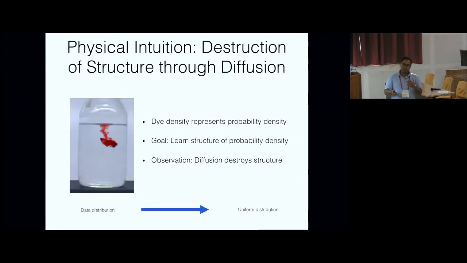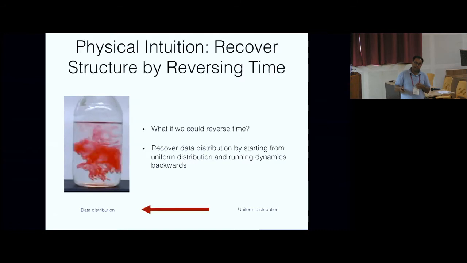Okay. So again, just to drive home the point, imagine this density. Think of it as a complicated probability distribution. We would like to learn the structure of this probability density. If you think of each point as a data point in the space, if we let the distribution diffuse, it will become a simpler distribution, ultimately becoming uniform, right?